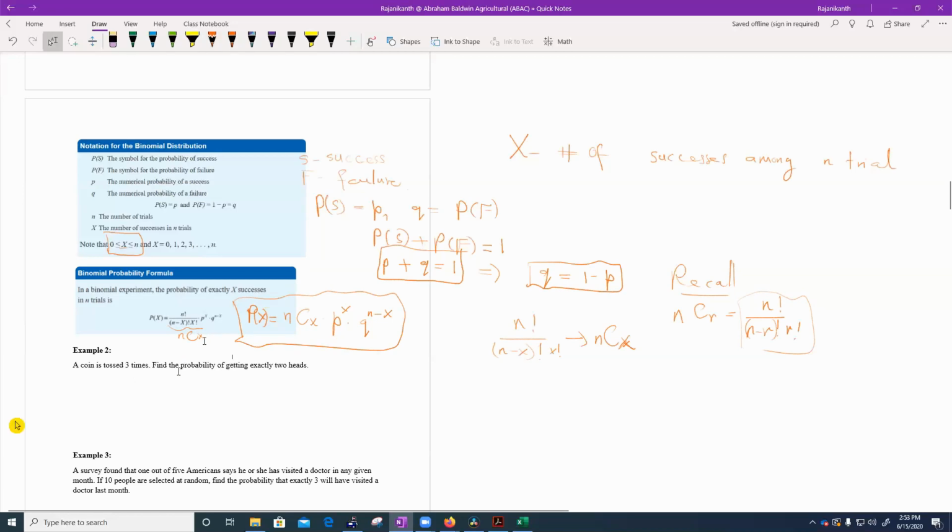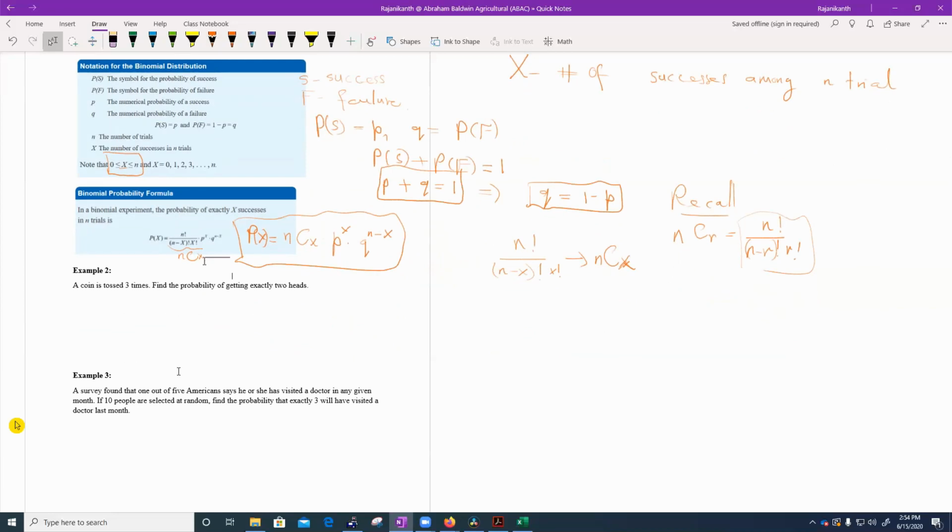So look at this example two. A coin is tossed 3 times. Find the probability of getting exactly 2 heads. So you are performing in total 3 trials. Therefore, little n is 3. Okay, before starting this problem, ask yourself whether this is a binomial experiment.